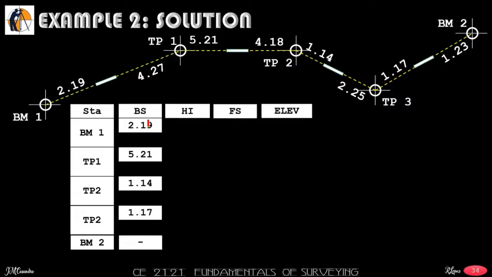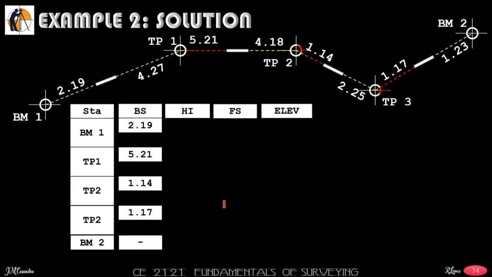Backsight of TP1 is 5.20. Backsight of TP2 is 1.14. Backsight of TP3 is 1.17. For BM1 we do not have a foresight, and for BM2 we do not have a backsight.